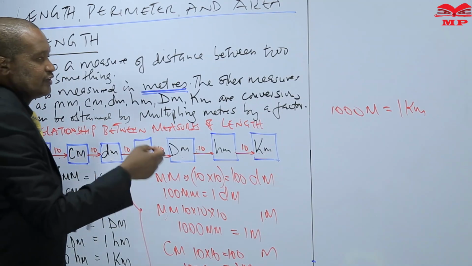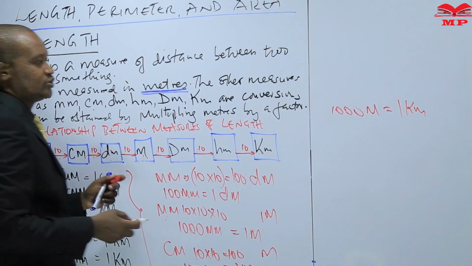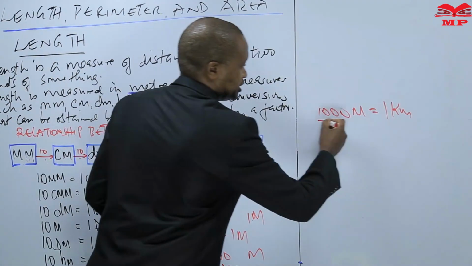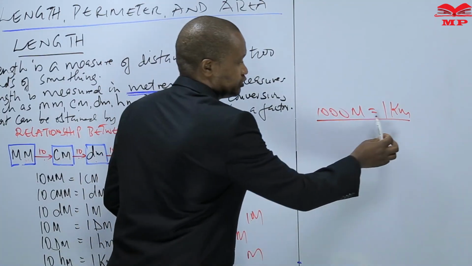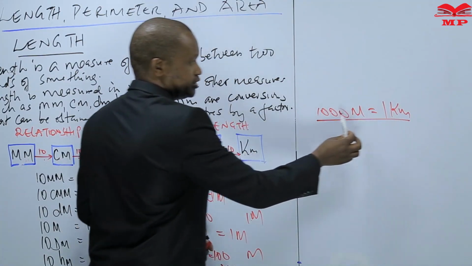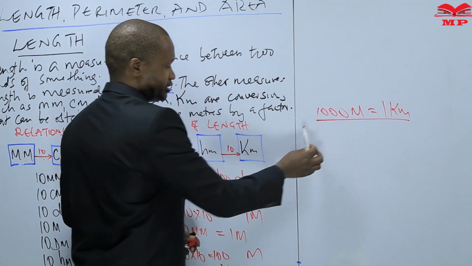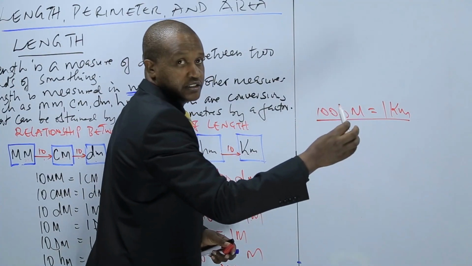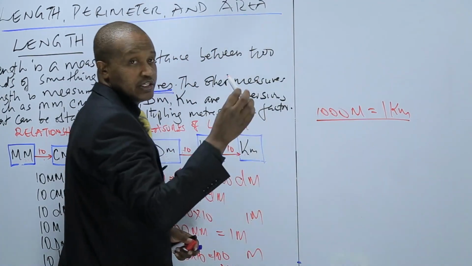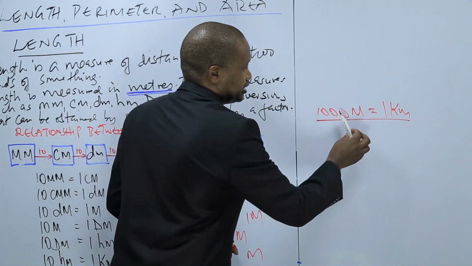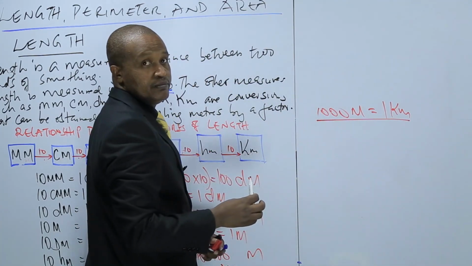And converting from a larger unit to a smaller unit, we reverse. We are going to divide. Using just this example, you want to find the conversion of kilometers to meters. A kilometer is a larger unit compared to a meter. So how many kilometers make 1 meter?